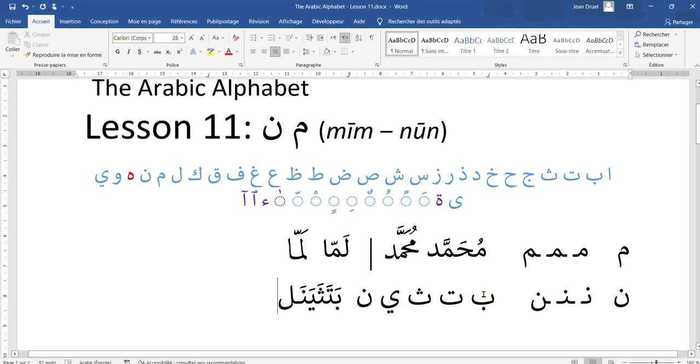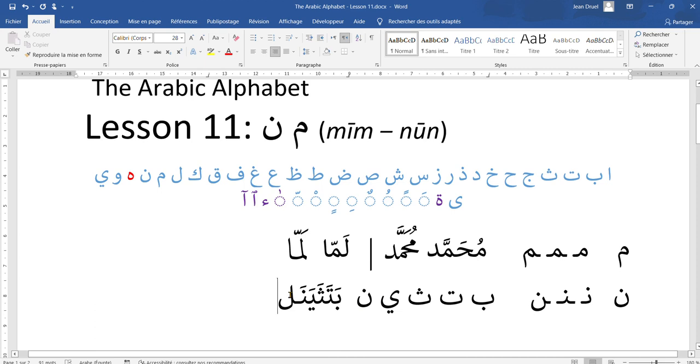We focused on the first three in our first lesson, so you should now really master them. Then we had the ya with its specific isolated form and final form, and the noon with its specific final form but the same initial and median form. So lots of mistakes can happen here.